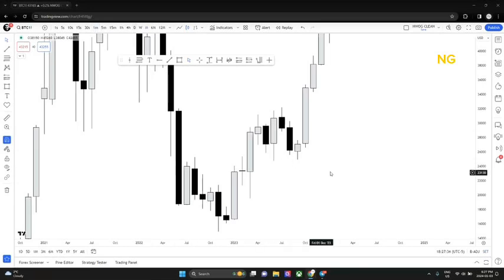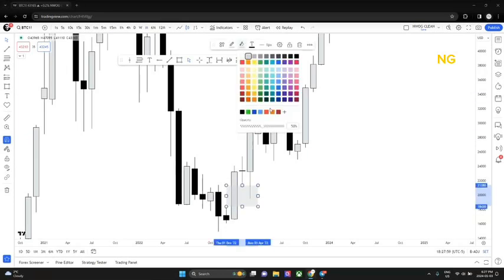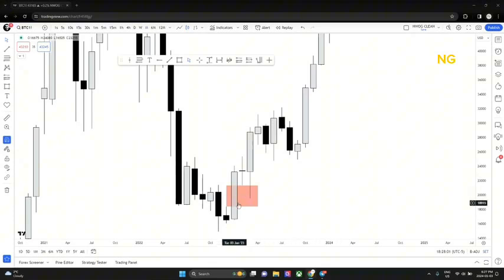So when you're going to a setup, you need, as the base of the setup, an imbalance, right? So the imbalance right here would be a fair value gap. I'll make it red so it's easier to see. This is a fair value gap, right?